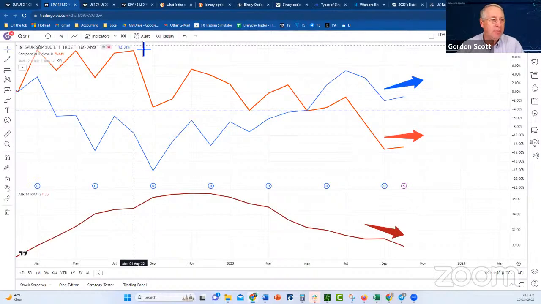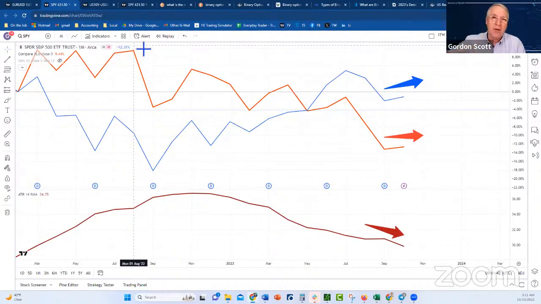We found that if you compare the utilities sector with the S&P 500, you look for two things. First, whether or not the utilities are doing better than the market in general. And the second thing you look at is, is the market becoming more volatile?